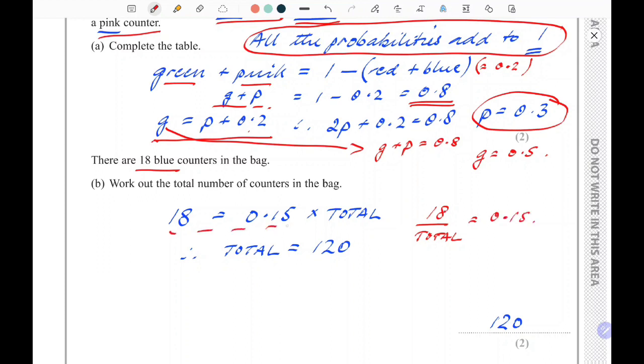And that's what I've done in that statement there. And therefore, the total equals 18 divided by 0.15, and that gives us the 120. All right, hopefully that's clear.